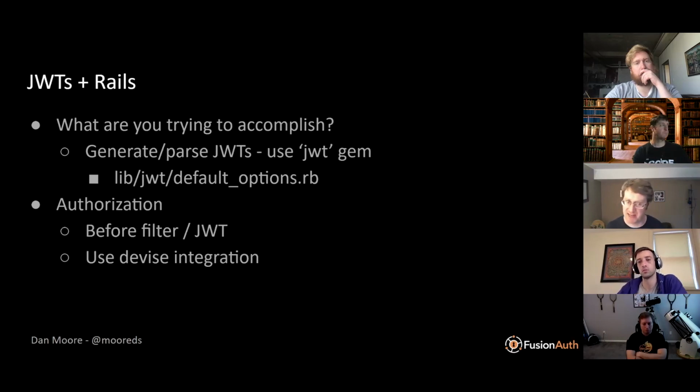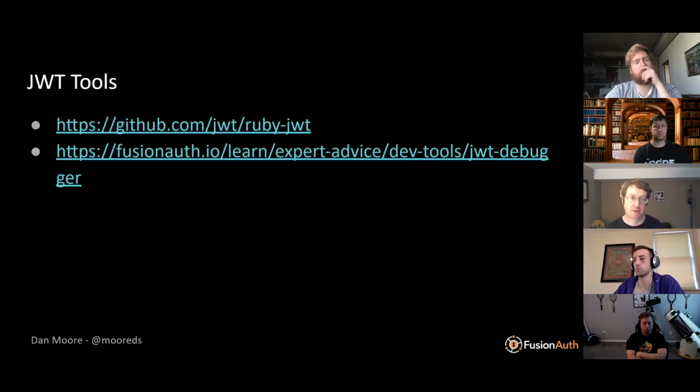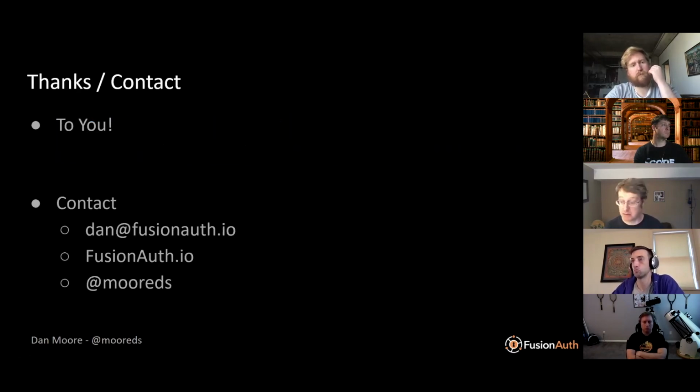I've read about Devise integration. I've never actually done it. There's a couple articles out there for that, but I can't really speak to that too much. As far as tools, there's the Ruby gem. This is a JWT debug tool, and it basically just base64 decodes the JWT.